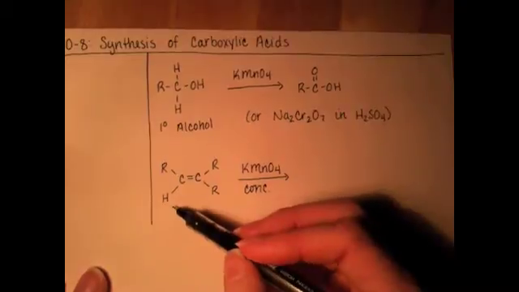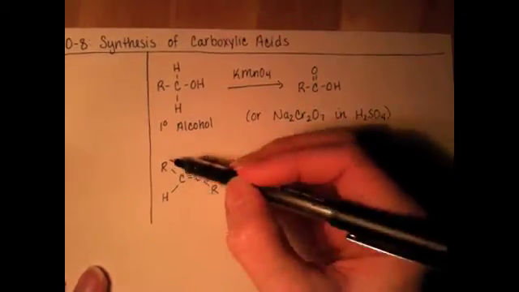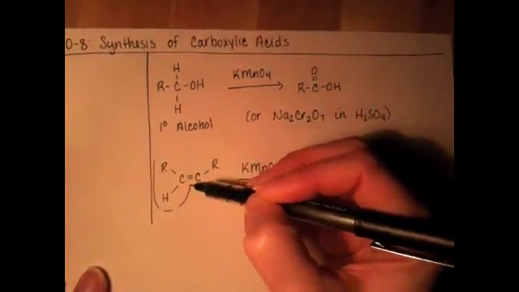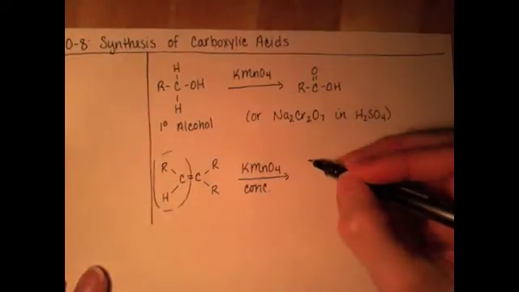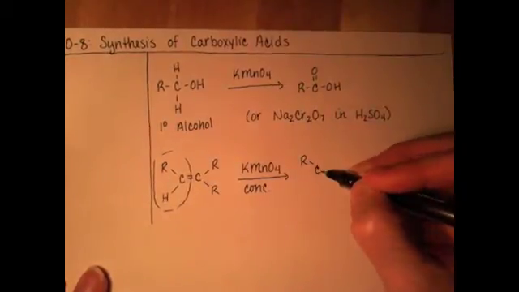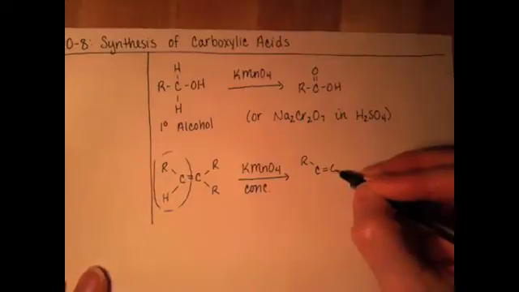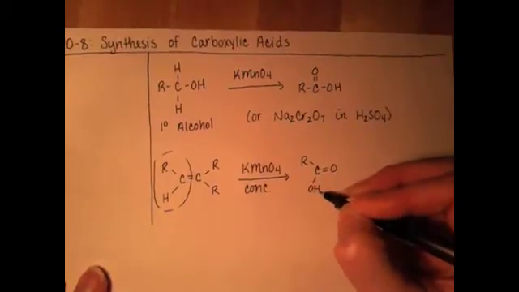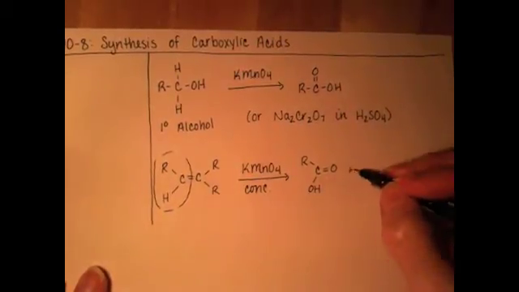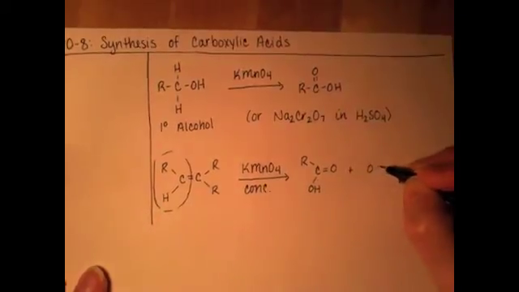And if you have on one of the alkene carbons an alkyl group and a hydrogen, like we have in this case, that fragment of the molecule is going to turn into a carboxylic acid. The other half of the molecule is, in this particular case, just going to make a ketone.